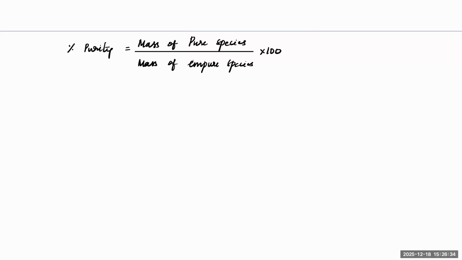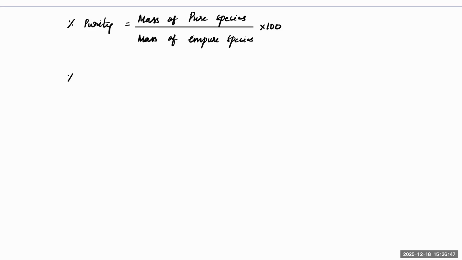The next term is about percentage yield. See, for percentage yield, let me write the formula first. For percentage yield of product, because yield is always with respect to product, it is the actual yield of product.